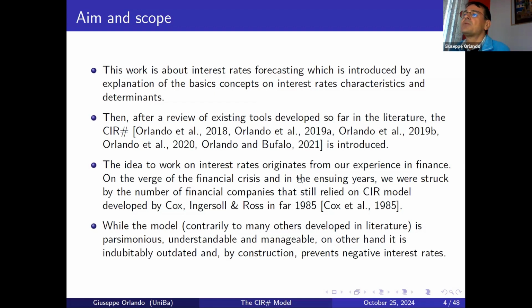until there were issues in terms of, for example, negative interest rates, because the idea of this model is that when the interest rate is low, there is a drift that is predominating with respect to the volatility.